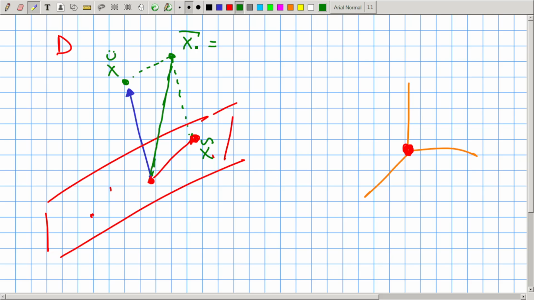Now, y bar is going to be y happy plus y tilde. True? Are we together? This is linearity. Because x bar is sum of causes, y bar is sum of effects.